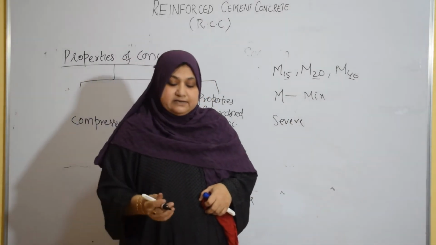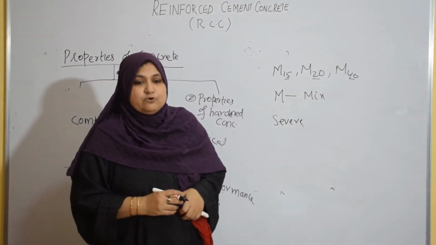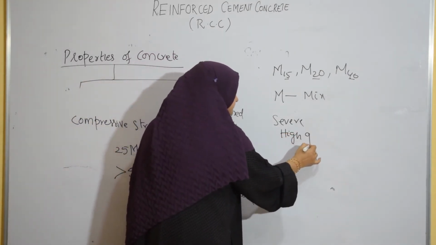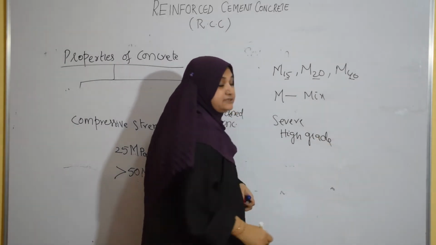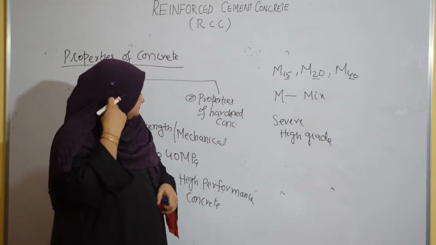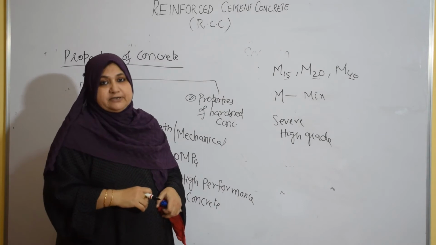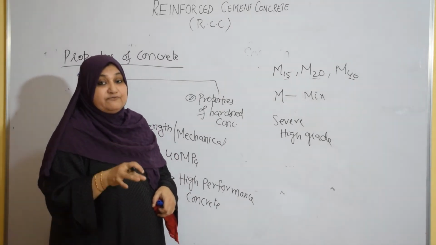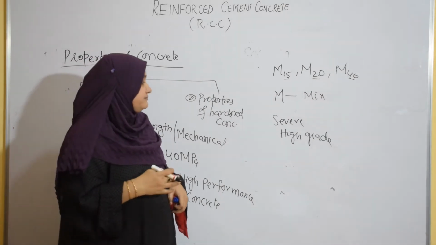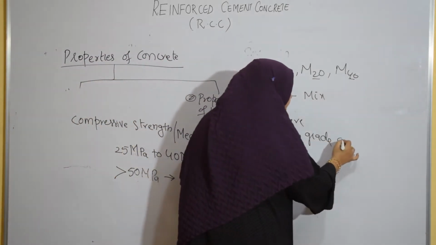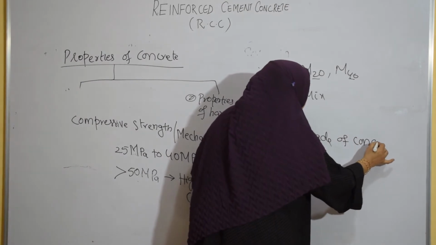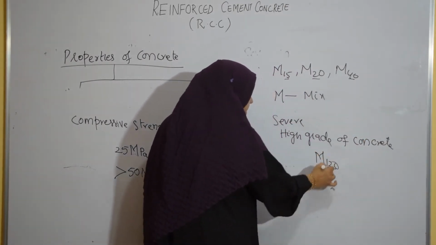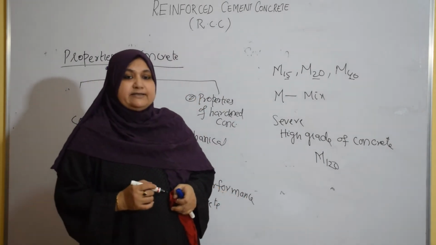If a particular structure is of national importance, like dams, where a huge amount is involved, we go for high grade concrete, maybe up to M100, M120, and beyond that also.